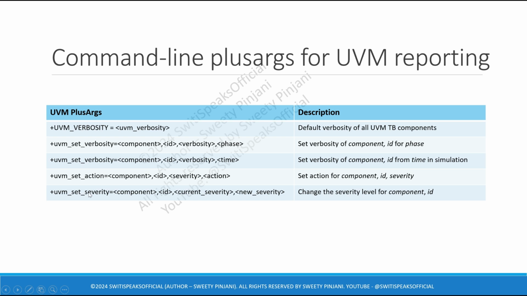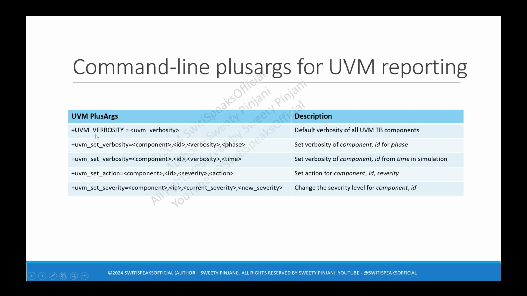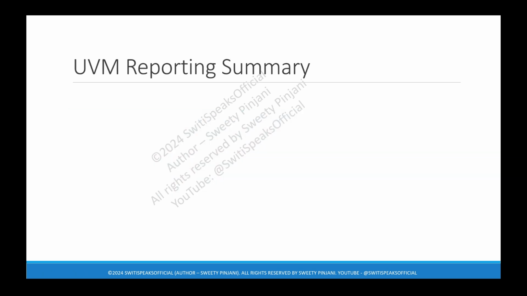Again, we have UVM_SET_SEVERITY, and it will change the severity level. You have to pass what is the current severity level and what is the new severity level, and the severity level will be changed to the new level. These plusargs are also very simple to remember. It's as per name. If you have UVM_VERBOSITY, it will set the default verbosity for all UVM.